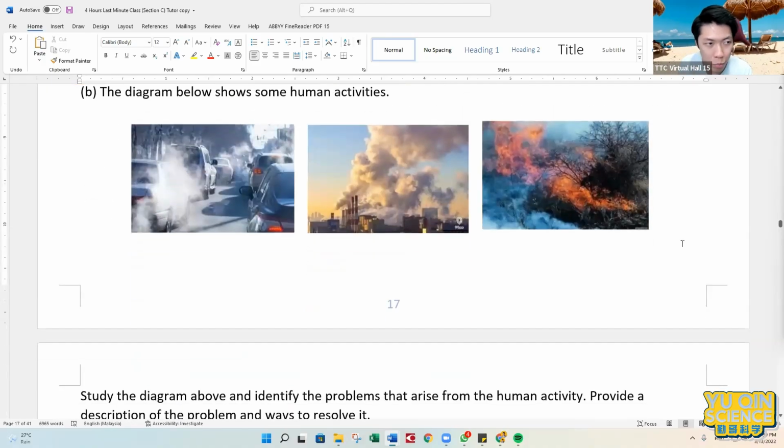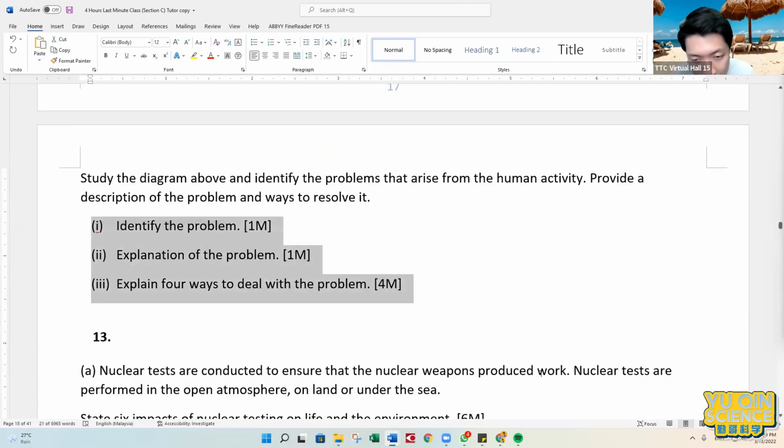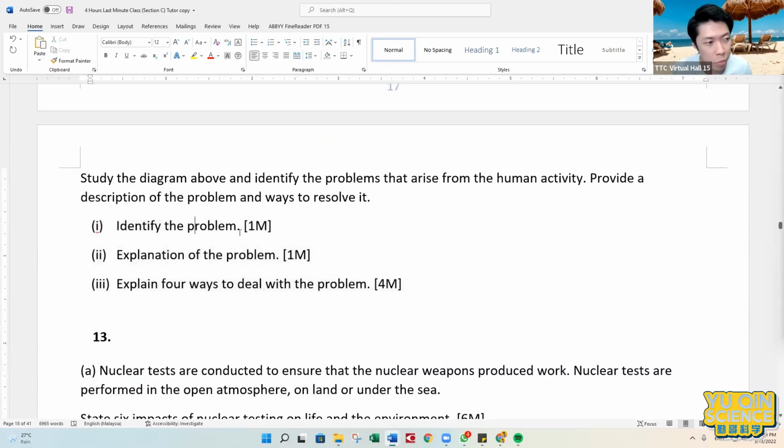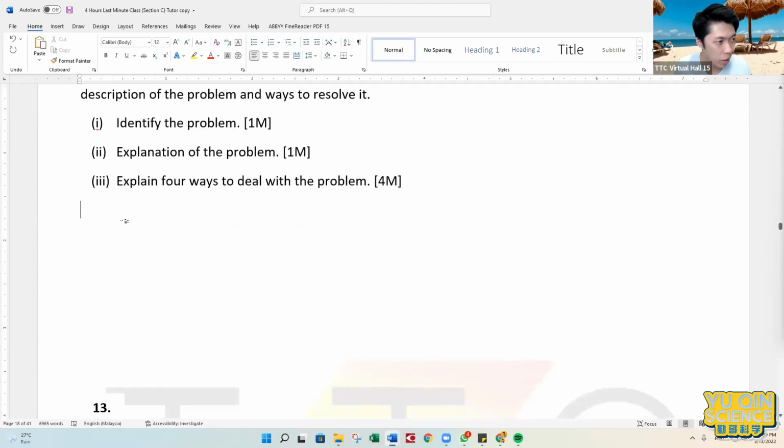So what I meant by problem is the next part, question B. How I know? Because this question will give you guidance. This question will give you this one. Problem. Then you know it's problem question. Okay, it's a problem question. Okay, so let's keep that down. Okay. Alright, number 1, identify.